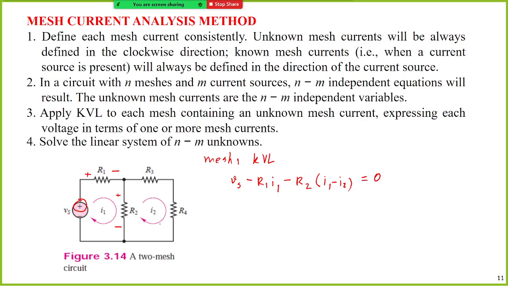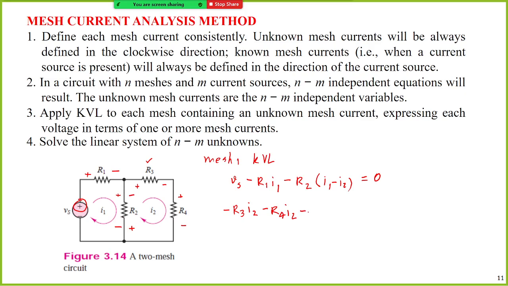And for mesh 2, it would be plus, minus, plus, minus, like this, right? Because this is the current flow here. So start from R3, minus R3 I2, minus R4 I2, and how about the current flow in R2 in the upper direction?